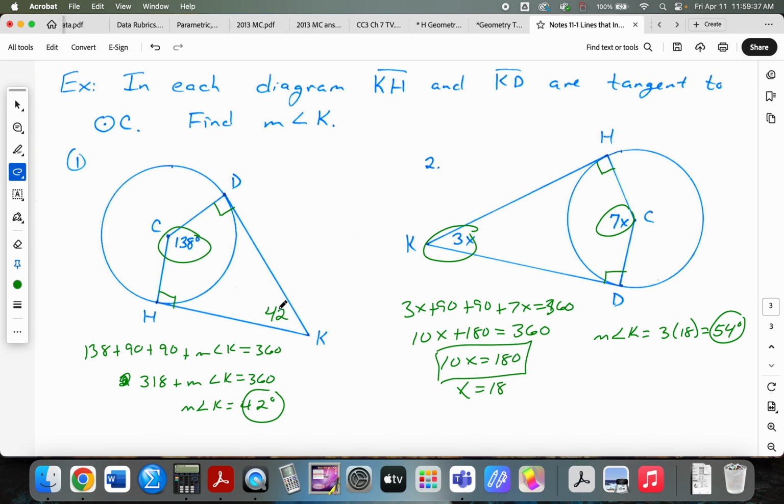And if I take 138 and 42, that's 180 also. It's slightly faster if you know these two angles are always going to add up to 180. Because these two angles already add up to 180, and total they add up to 360. All right, so that leaves 180 for these two.